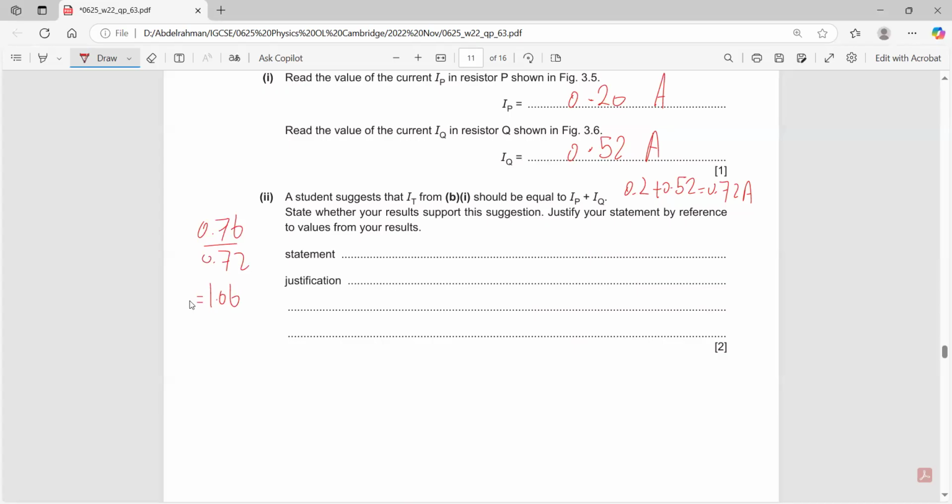So yes, they are equal. 0.76 and 0.72 are close and within the limits of experimental accuracy, right?